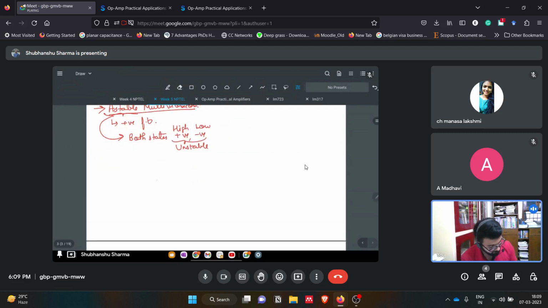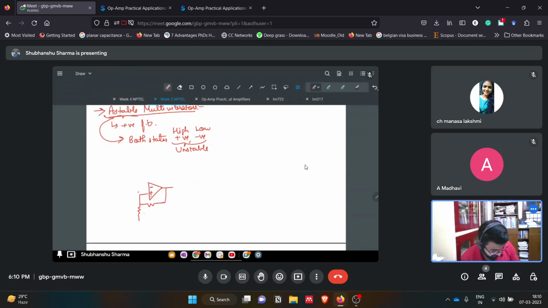If we see the circuit of this astable multivibrator, this is plus and this is minus. In Schmitt triggers we had positive feedback like this. Let's say this one is R2, this one is R3, and this is the output voltage. This much we saw in the Schmitt triggers.